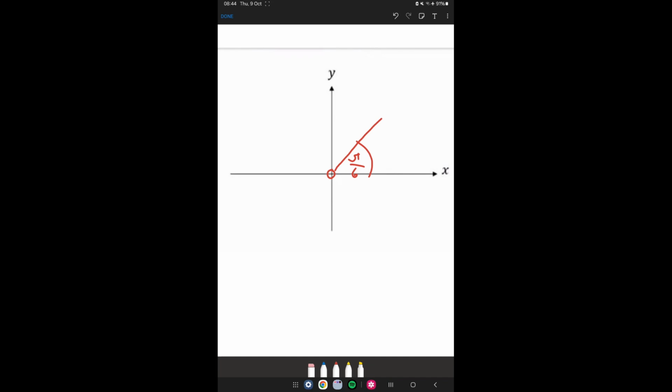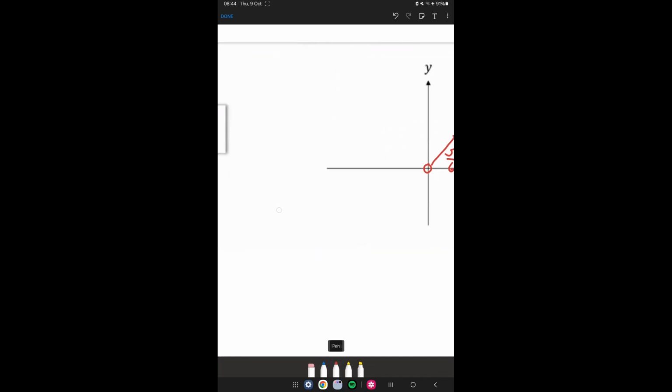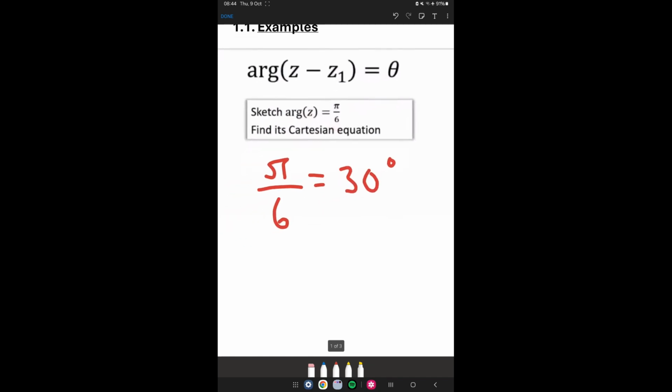We have to have a line, so basically z and z1 have to be different from each other. And if we think about what we're being told here, the argument of z, so we're basically saying the argument of z minus z1 here. Well, what is z1 in this circumstance? Well, z1 is just 0 plus 0i, if we think about it, because that's the same thing.